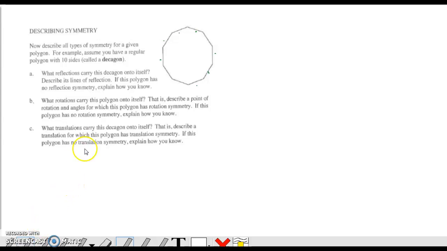All right. So what kind of reflections can this decagon reflect onto itself? So does it basically have reflection symmetry? Yes, it does. Now we want to describe the lines of reflection. The best way I can tell you to do that is that all of these points right here are called vertices.